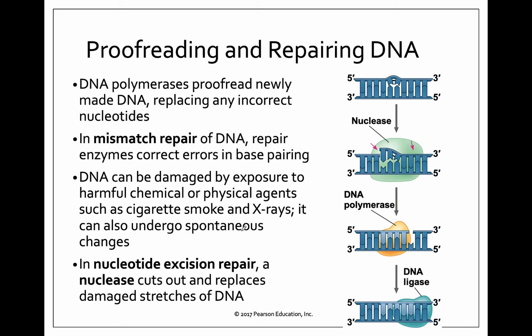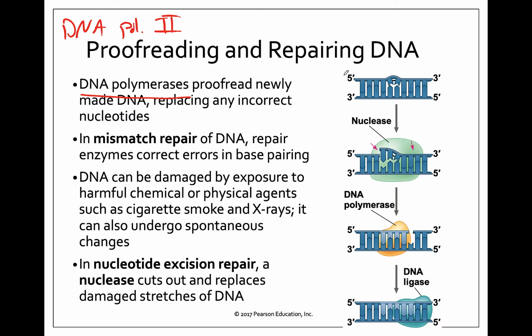Once DNA has been added to a complementary strand, so we've copied the DNA, there is another set of DNA polymerases that go through and proofread, and this one is DNA polymerase 2. You guessed it, we were missing 2. And so this one is going to come through and proofread.